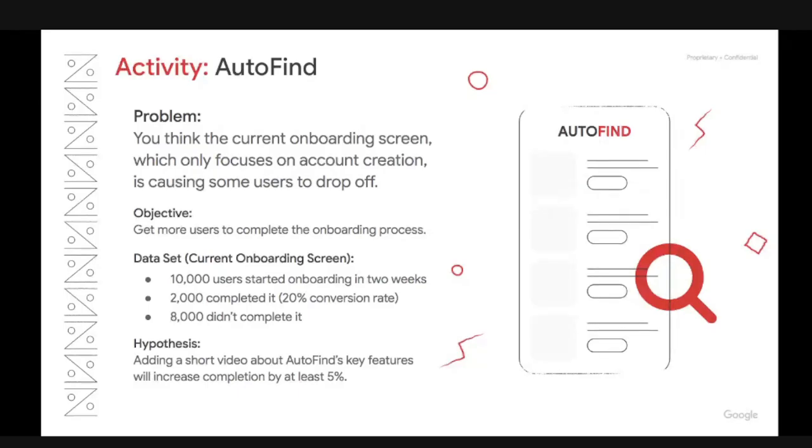Because you've got 10,000 users that are coming to your app, they're all engaging with it, they basically download the app. They're just not completing the onboarding process. If I was in this situation, I would probably start by running a survey, a feedback loop, before doing anything.